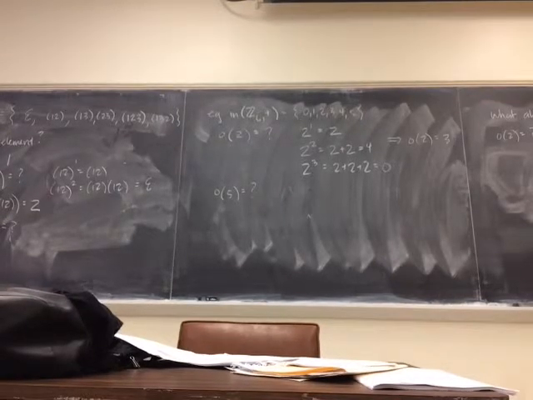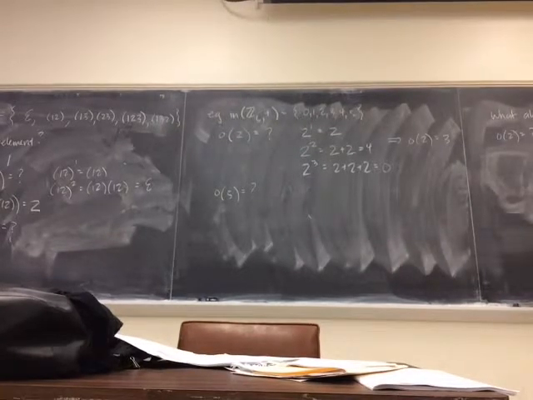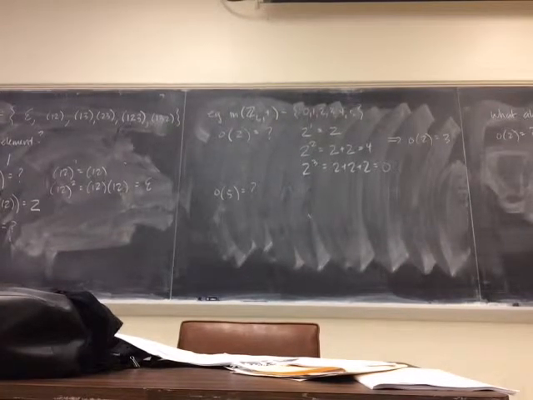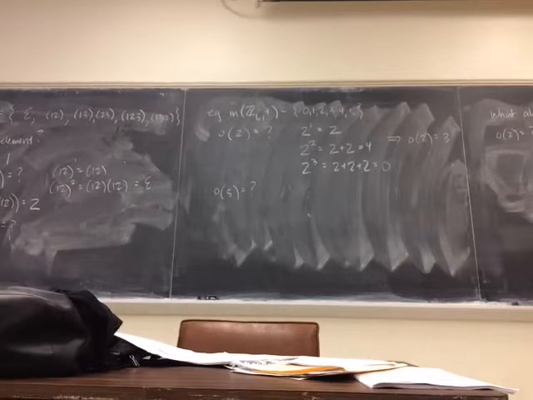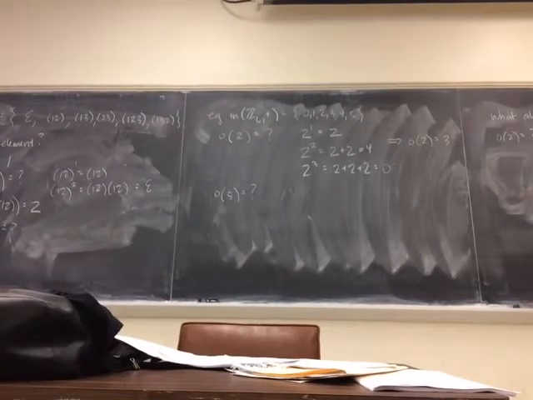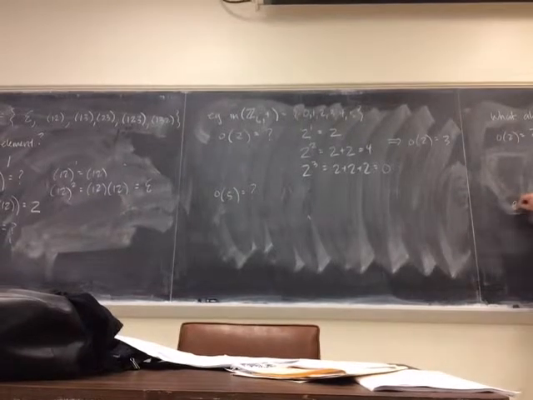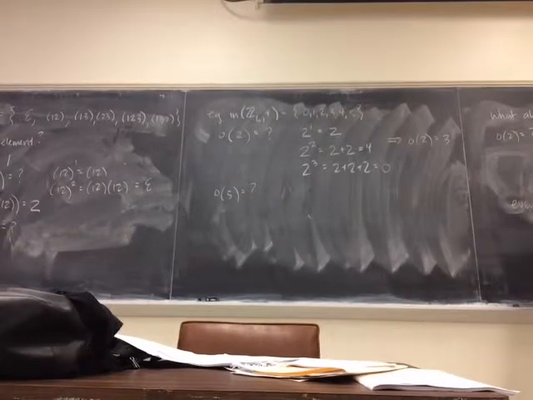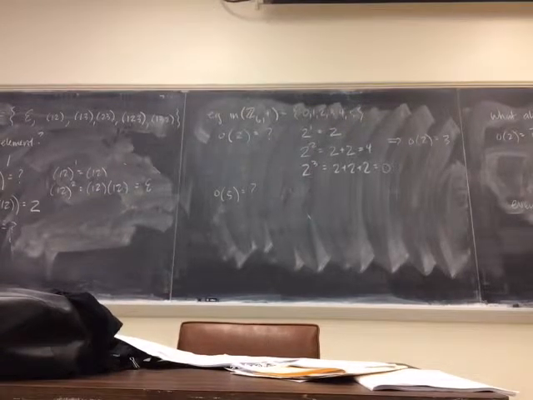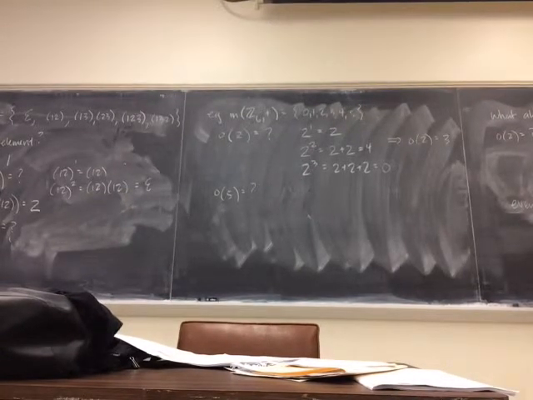So this is never going to go to 0. So 2 has infinite order. In fact, every non-zero element of Z has infinite order.